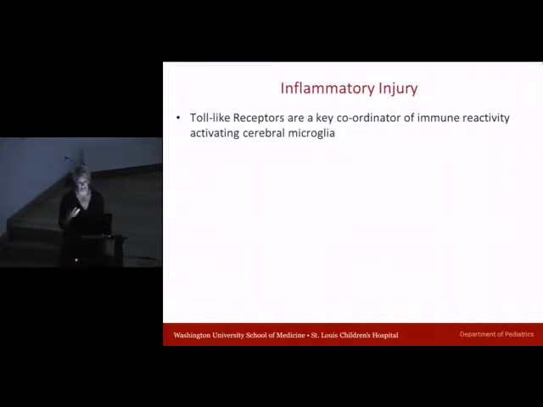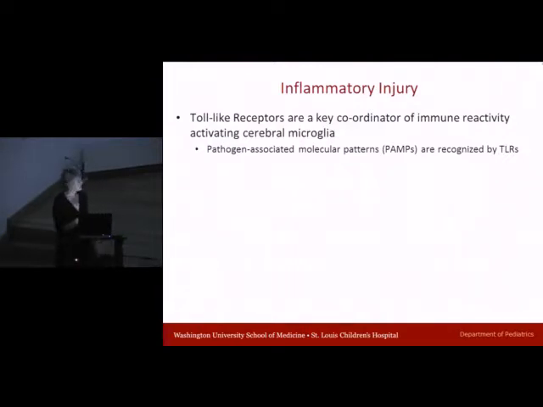And it sits on that little microglia, that little white cell, and is activated by the immune system. Now, it's not activated by necessarily the organism itself. What it's activated by are these pathogen-associated molecular patterns, or PAMPs. And different organisms have different signatures, or PAMPs, that activate different types of toll receptors.